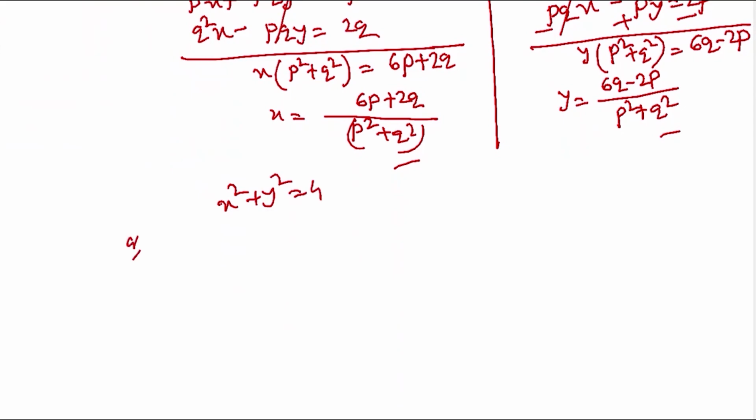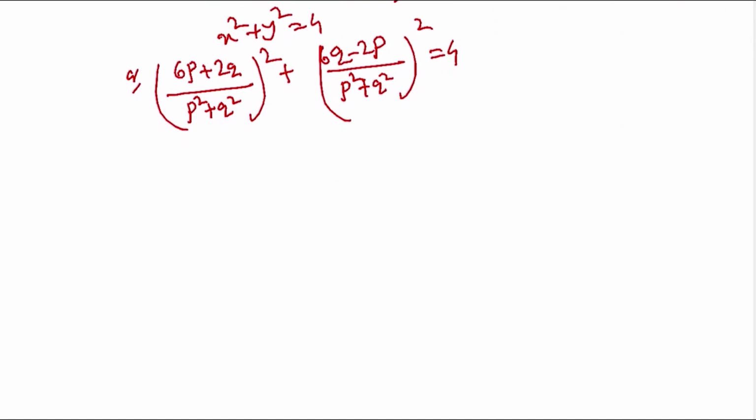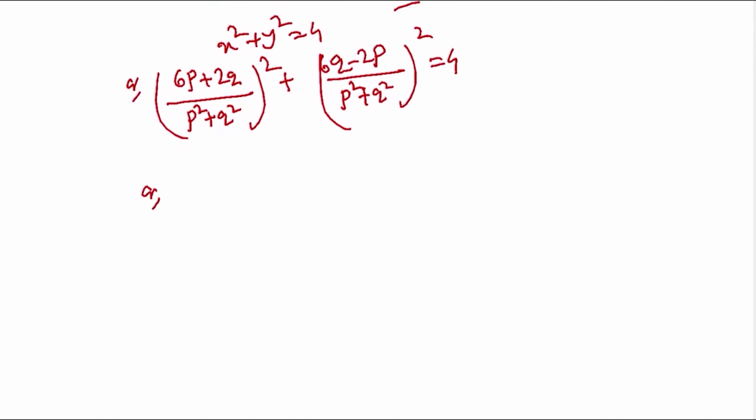Now let's put the values of x and y: 6p plus 2q by p square plus q square, and 6q minus 2p by p square plus q square, equals 4, correct? In the next step, since both have the same denominator, p square plus q square, we can take it as common. So it becomes p square plus q square whole square, correct?